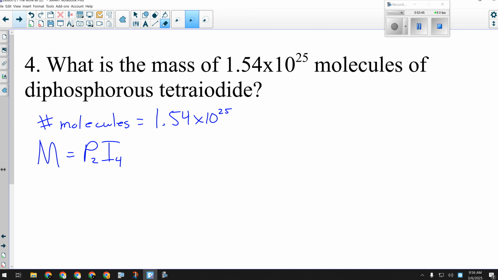So getting the molar mass of that is going to be 30.97 times 2 plus 126.9 times 4.